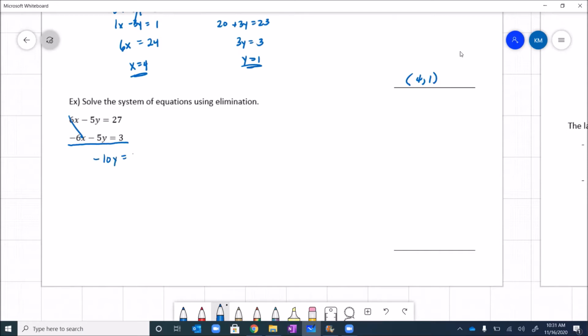27 plus 3, 30. Divide by negative 10, y equals negative 3. So now we know that y is negative 3. I'm going to plug that into one of the equations. I'll choose the top one just because that's the one I want to. You can choose either one.